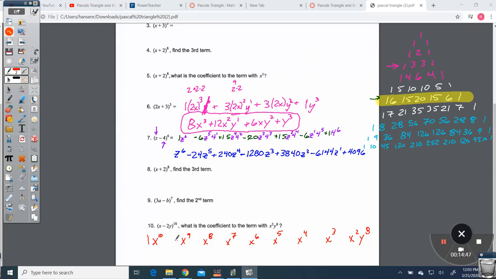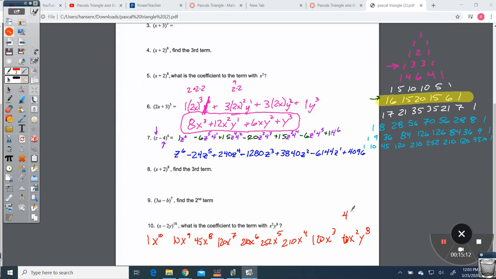So that's a 1, that's a 10, that's a 45, that's 120, that's 210, 252, 210, 120, 45, and then 10, and then 1. That's supposed to be 45.